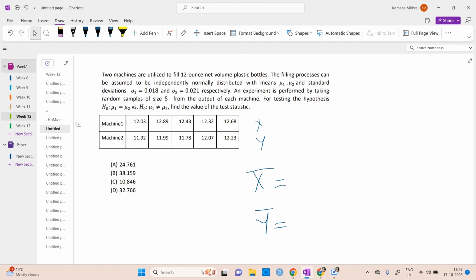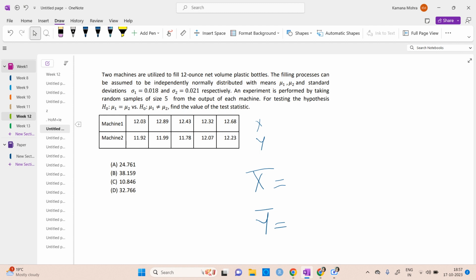So x bar would be 12.03, 12.89, 12.43, 12.32, 12.68.